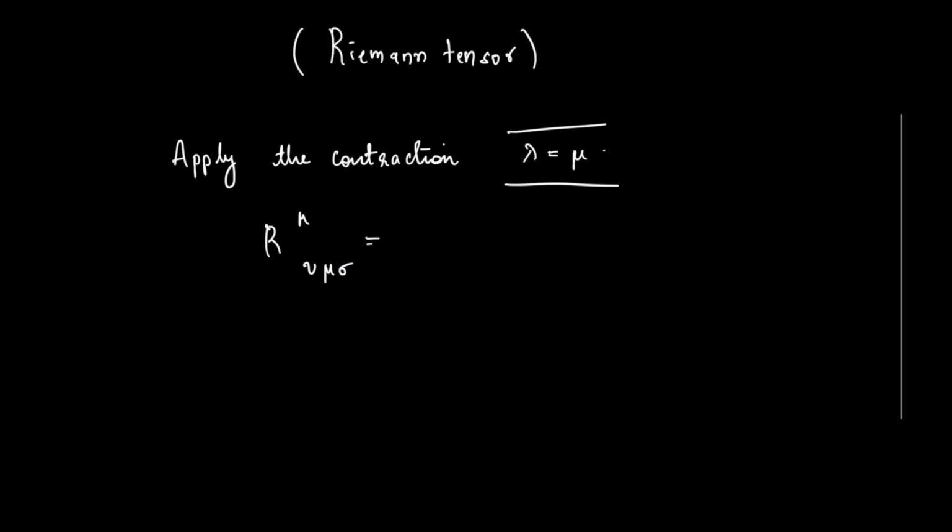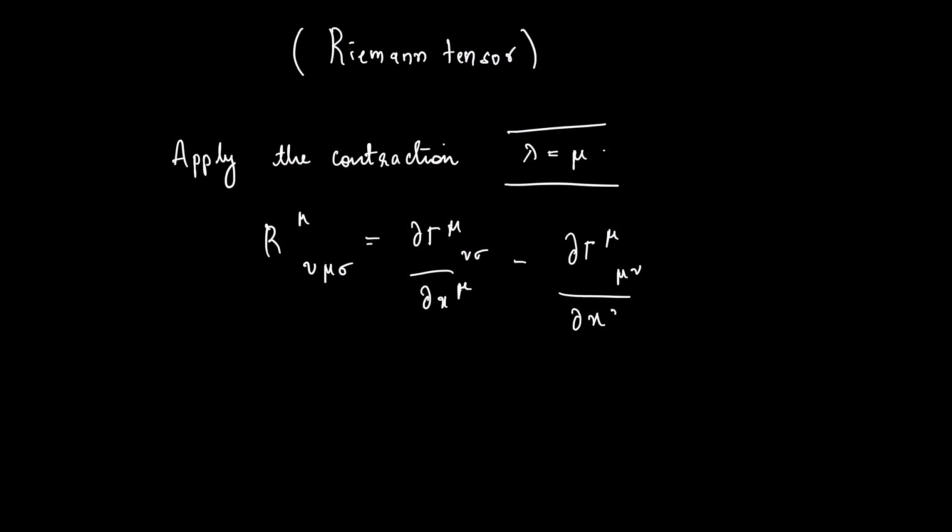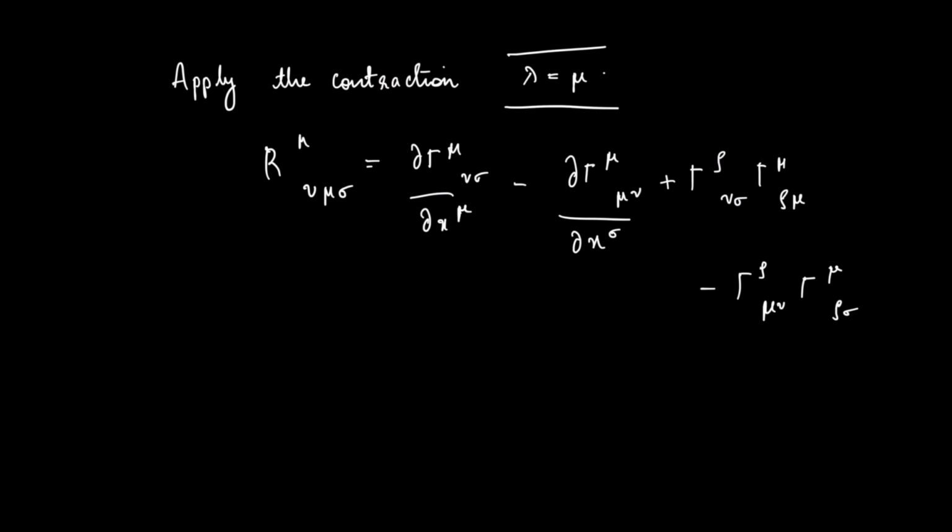That will be equal to the partial derivative of Γ^μ_{νσ} with respect to x^μ, minus the partial derivative of Γ^μ_{μν} with respect to x^σ, plus Γ^ρ_{νσ} Γ^μ_{ρμ} minus Γ^ρ_{μν} Γ^μ_{ρσ}. Okay, so I have done the contraction.